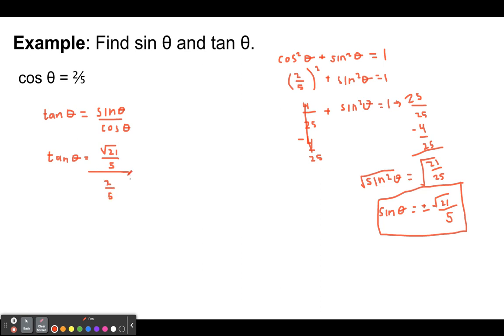And then again, we can just go ahead and solve this out. The square root of 21 over 5 divided by 2 over 5. And then we can change this into a multiplication problem by taking the reciprocal of the second. So 21 over 5 times 5 over 2.